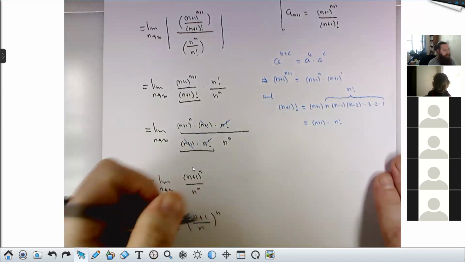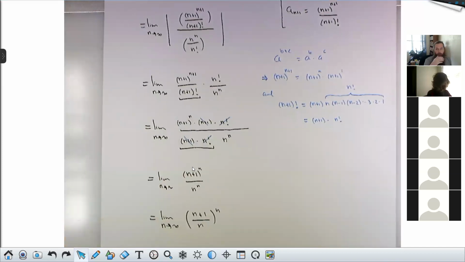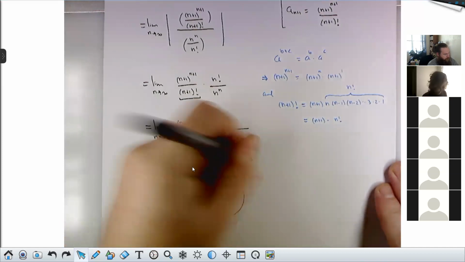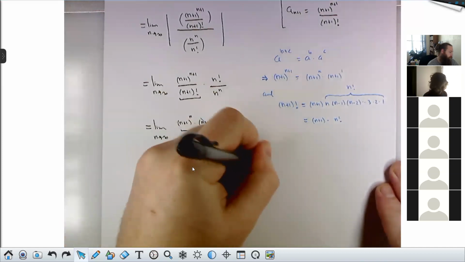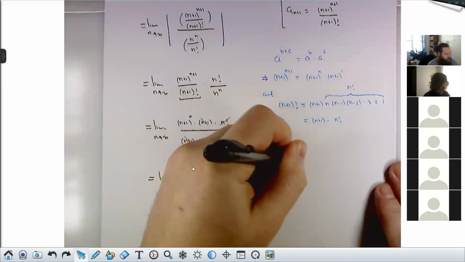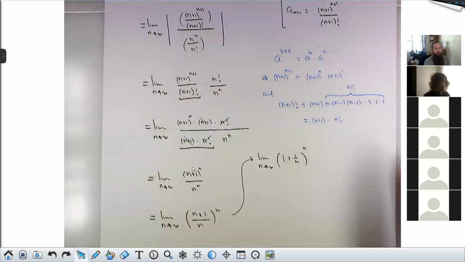Take the power out like this, top and bottom both raised to the n. So I can write that as the ratio to the n. And now inside here, if you just simplify this, you get the limit as n goes to infinity of (1 + 1/n) to the n.